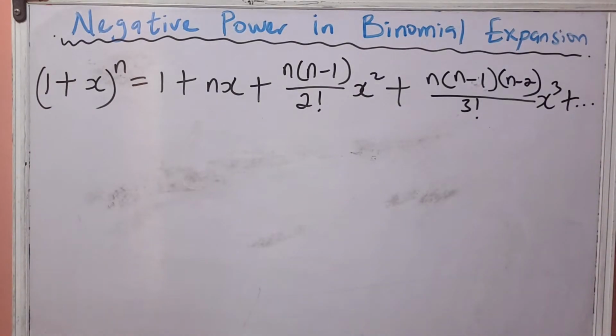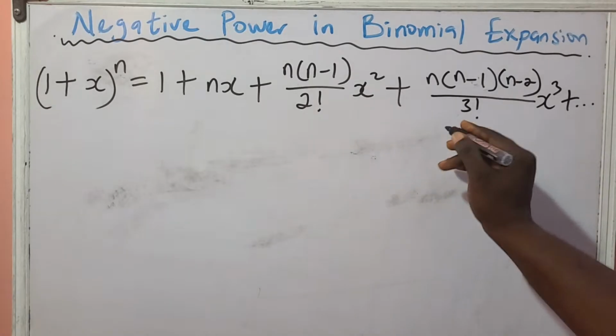Now I need to state very clearly that this expression will be valid, will be defined, for x being between this range.